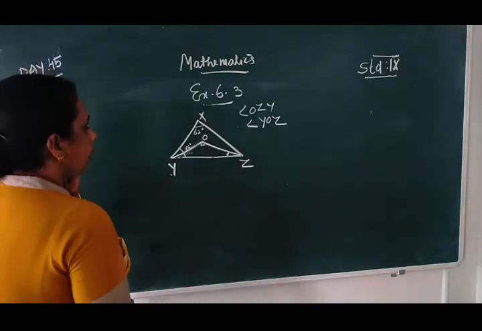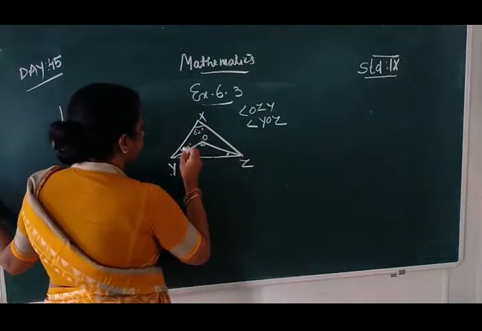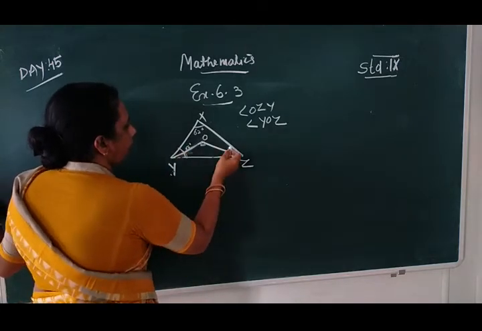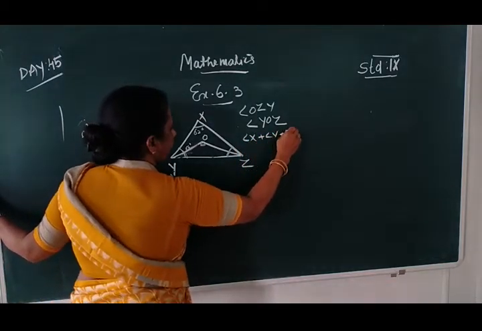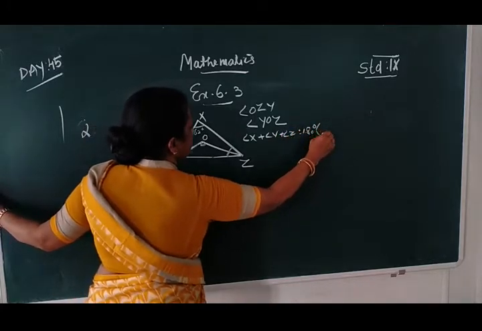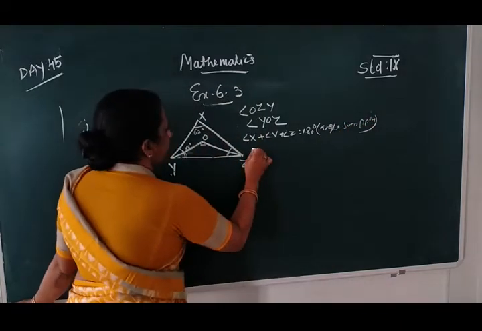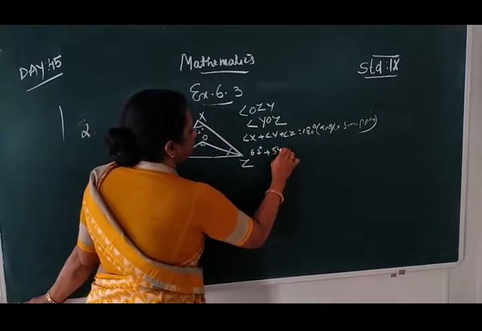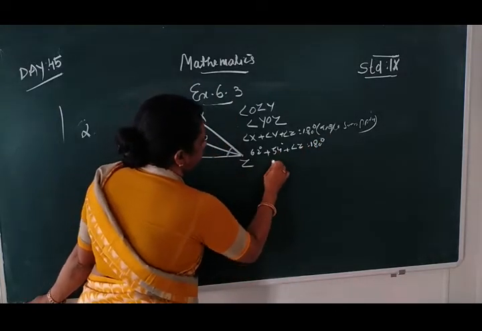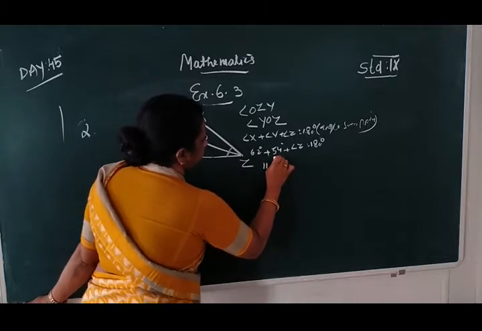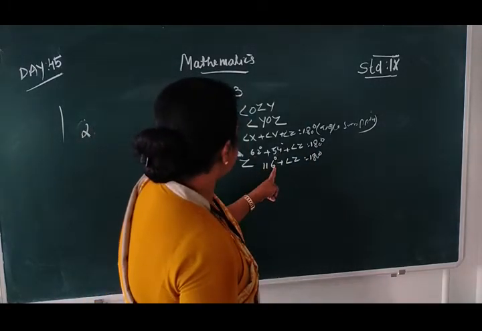Given XYZ is a triangle, angle X is equal to 62 degrees and angle Y is equal to 54 degrees, so we can find angle Z. Using the angle sum property, angle X plus angle Y plus angle Z is equal to 180 degrees. So 62 degrees plus 54 degrees plus angle Z is equal to 180 degrees. The total is 116 degrees.